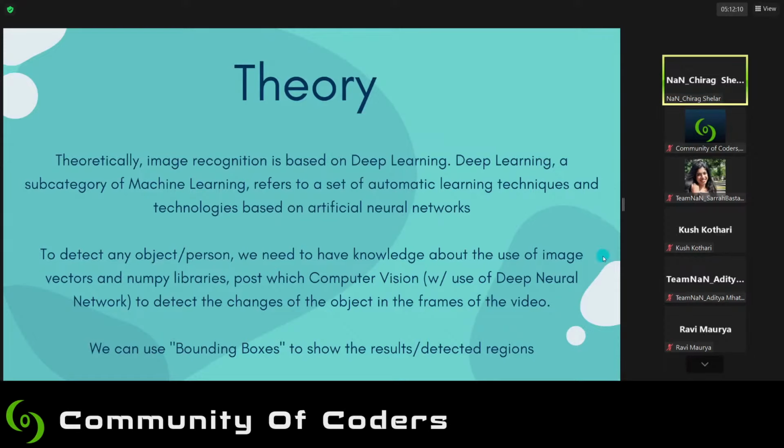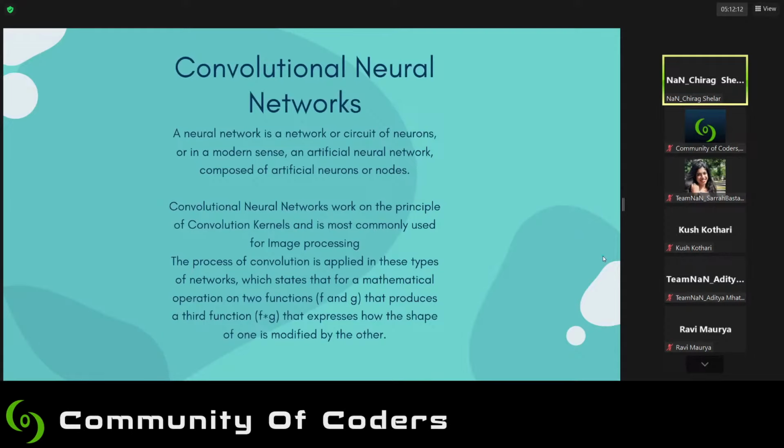Next slide. About convolution neural networks: a convolution neural network is a deep learning algorithm which can take in an input image, assign importance to various aspects or objects in the image, and be able to differentiate one from another. It is like our nervous system.